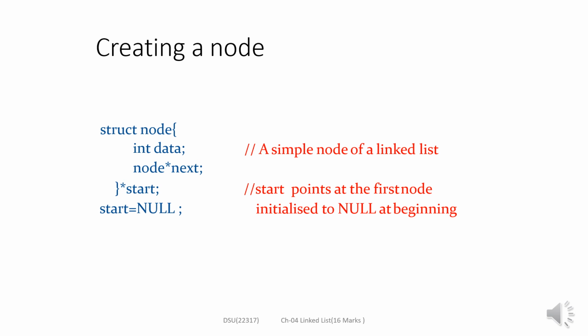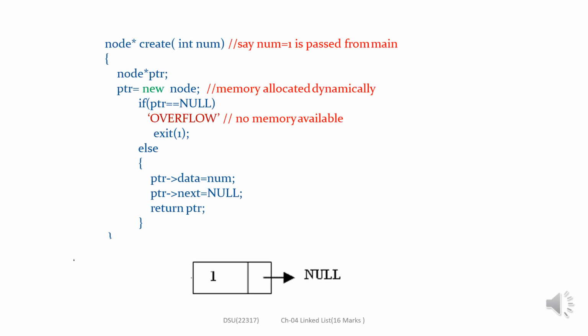Then we can create a list when it is empty, when there is no node. After that, and only then, we can create a node. Node pointer create, int num, that is num is equal to 1, is passed from the main. Then opening brace, node pointer ptr is equal to new node, this is the allocation of memory. If ptr is equal to null, overflow, means no memory available, so exit 1.